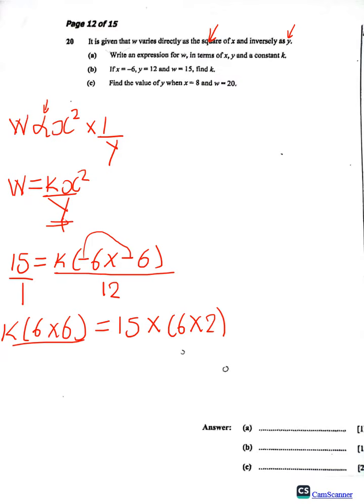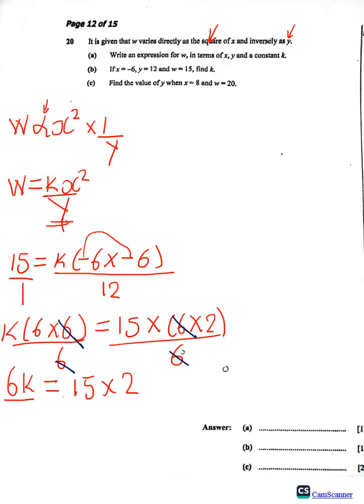I'll remove one 6 from here. Also we can divide by 6 here, so that when I cancel one 6, I can see that I have only one 6 remaining. So 6 times k is 6k. Then I can cancel this, giving me 15 multiplied by 2.